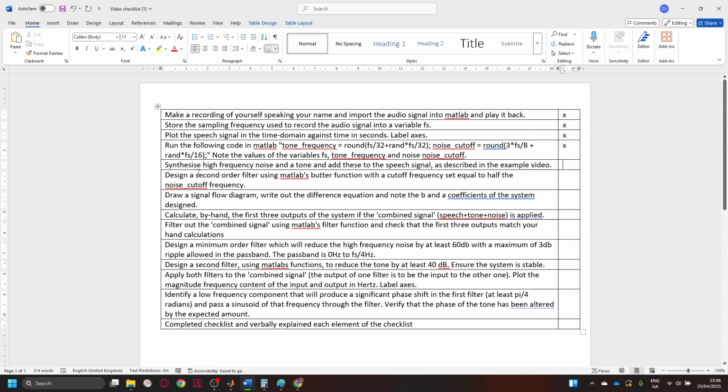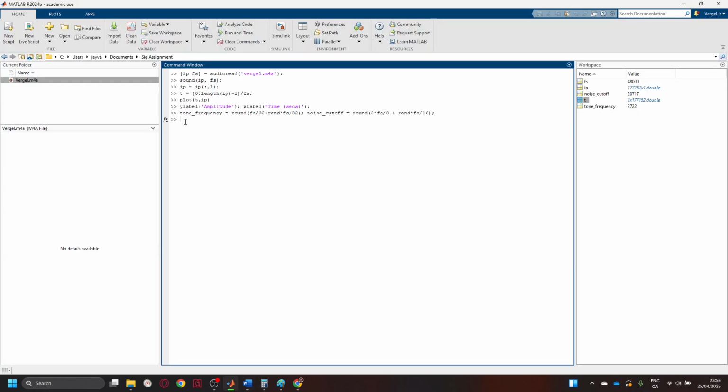Next is to synthesize high frequency noise and a tone. For that, we're going to use NS. The rand function will make that noise for us, and the size of that will be the same as the signal. To create the high frequency noise, we're going to make a filter.